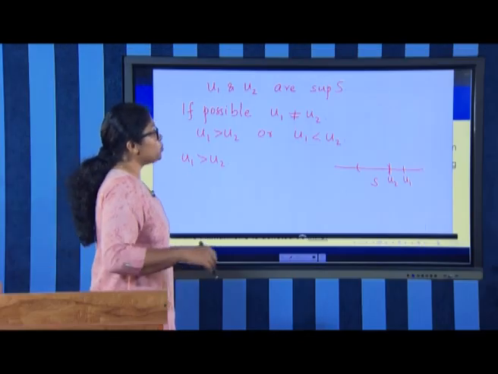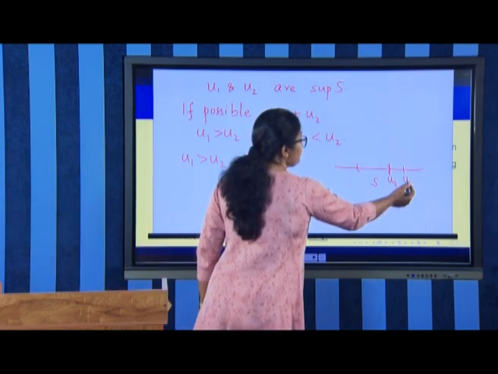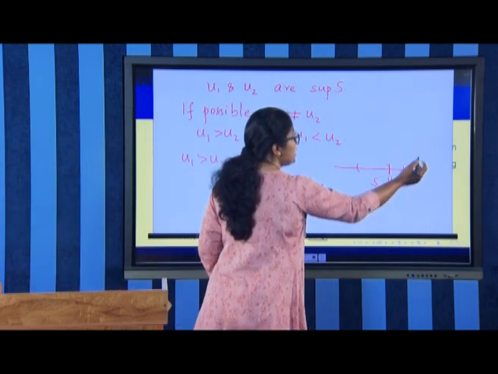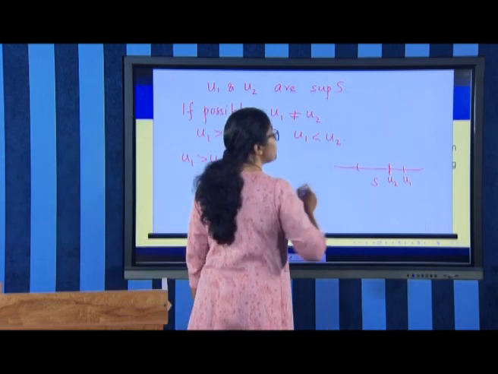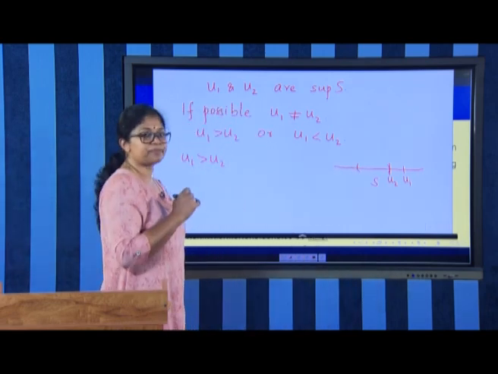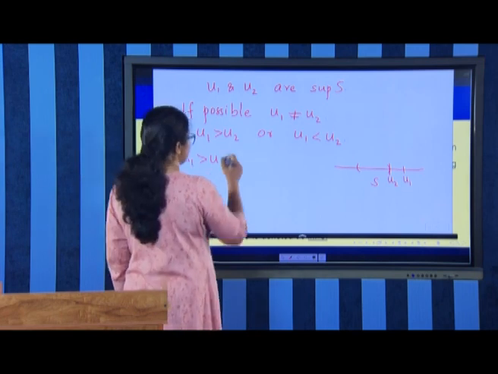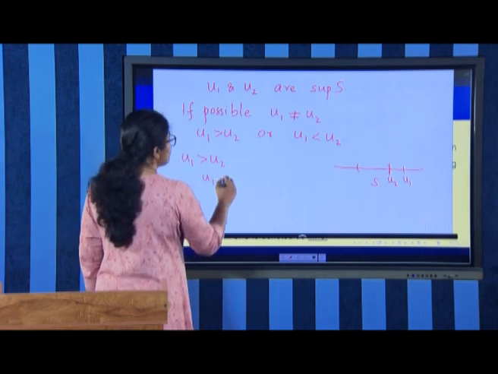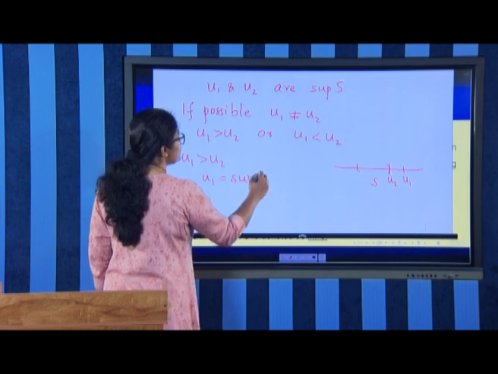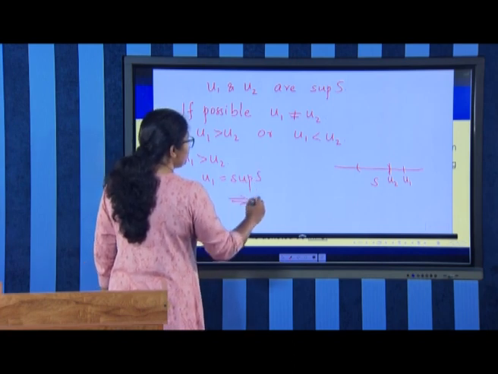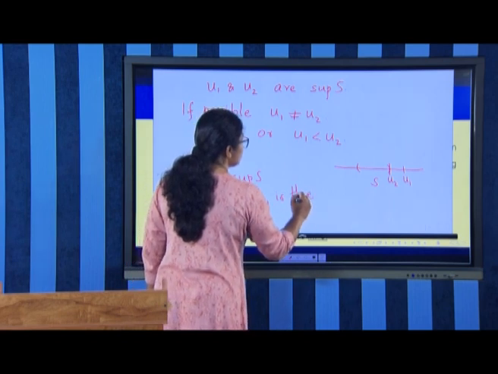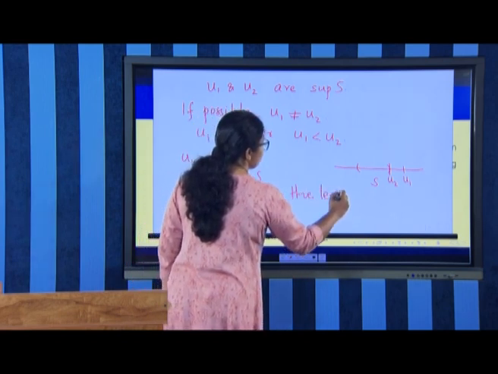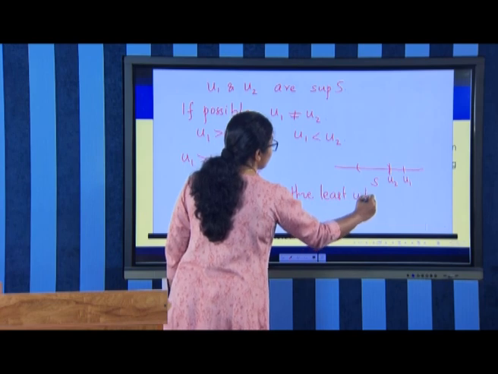So, if U1 is the supremum, supremum means it is the least of all the upper bounds. So, how can U2 be an upper bound for that set S? Because U1 is the least. So, U1 equal to supremum of S indicates that U1 is the least upper bound.